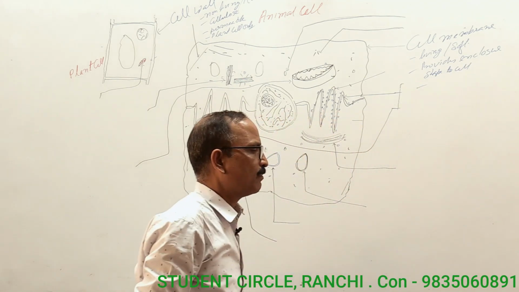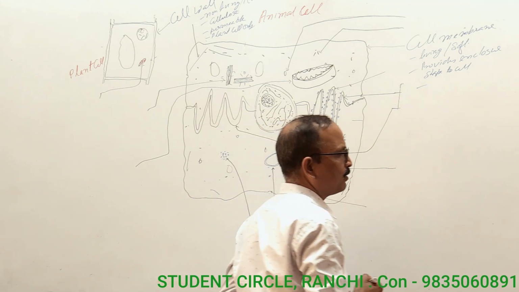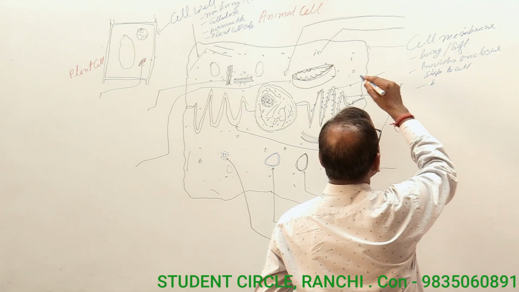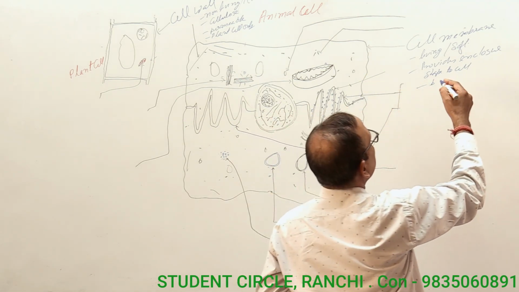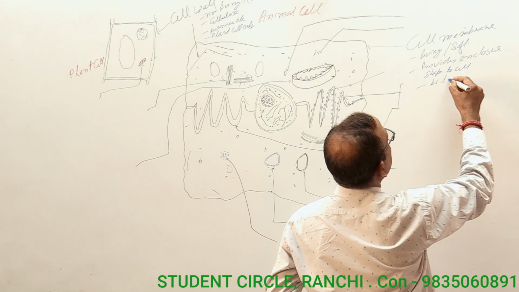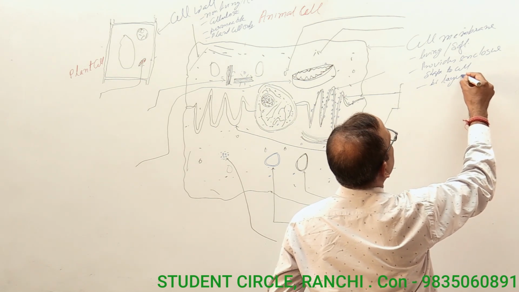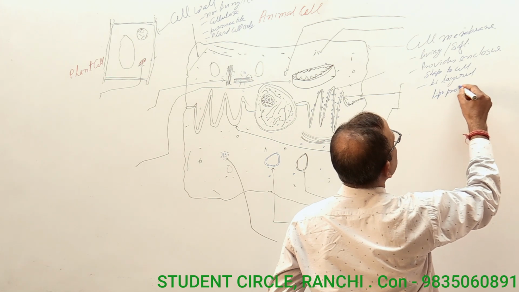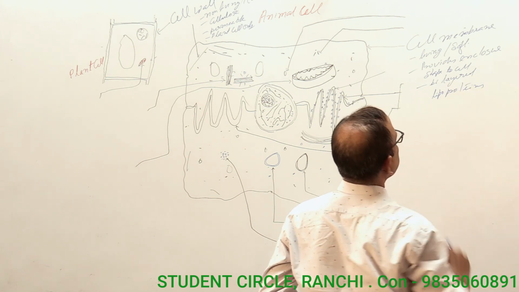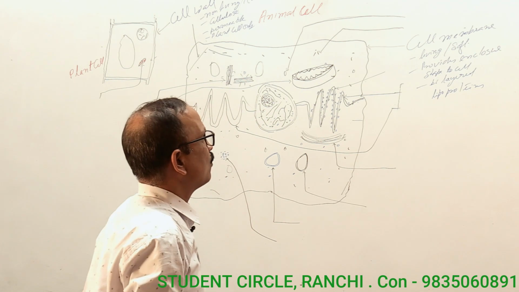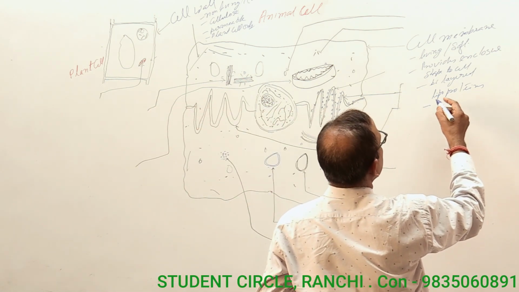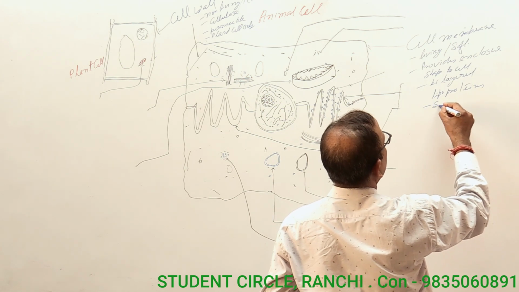It is made up of bilayered lipoproteins. There are two layers of proteins. And this cell membrane is semi-permeable.